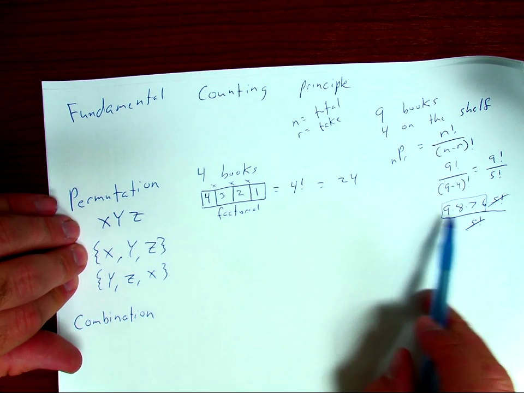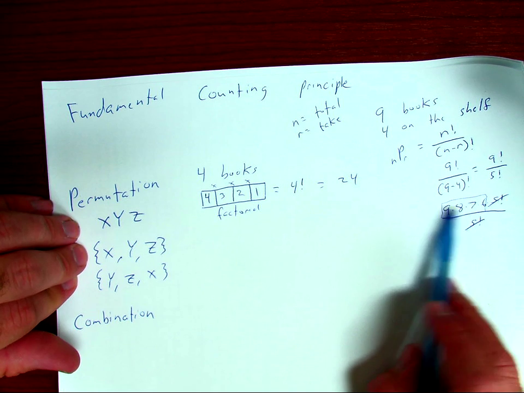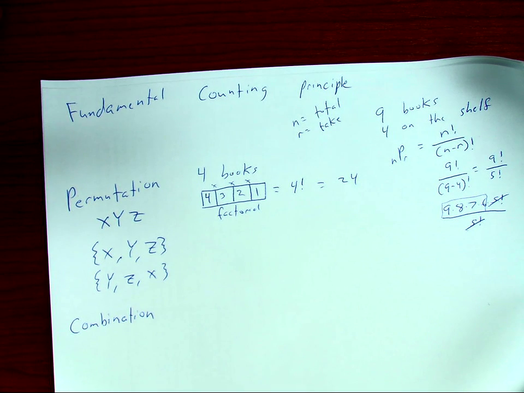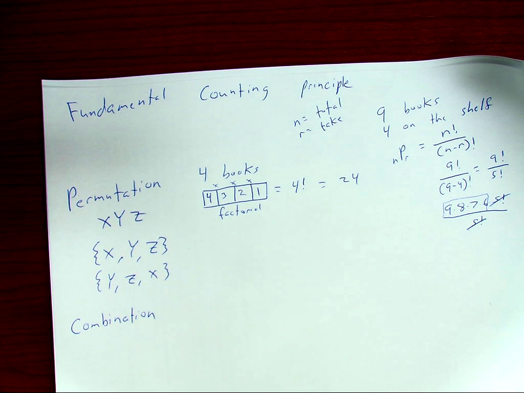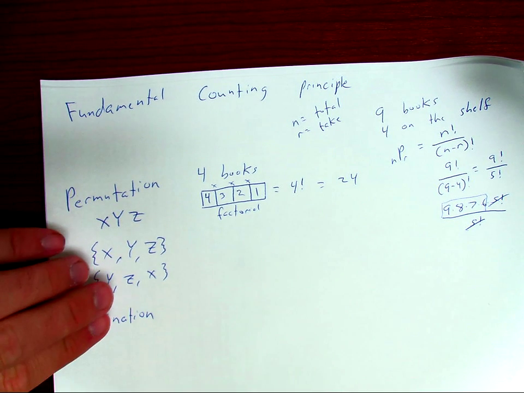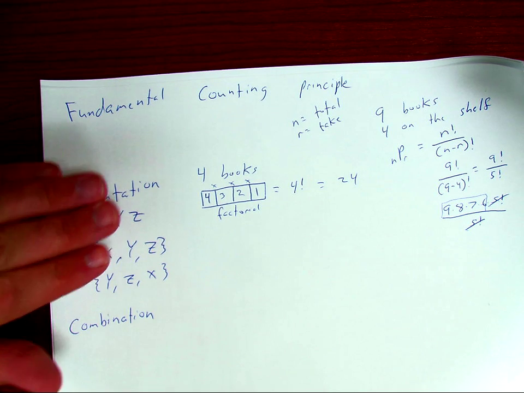And now a lot of these books are going to be the same, so I may end up with the same 4 books on the shelf repeatedly in different orders. All right, that's okay. For permutation, it doesn't matter, so long as they're in a different order, it still counts as a different permutation. And that is true even if some of them repeat.